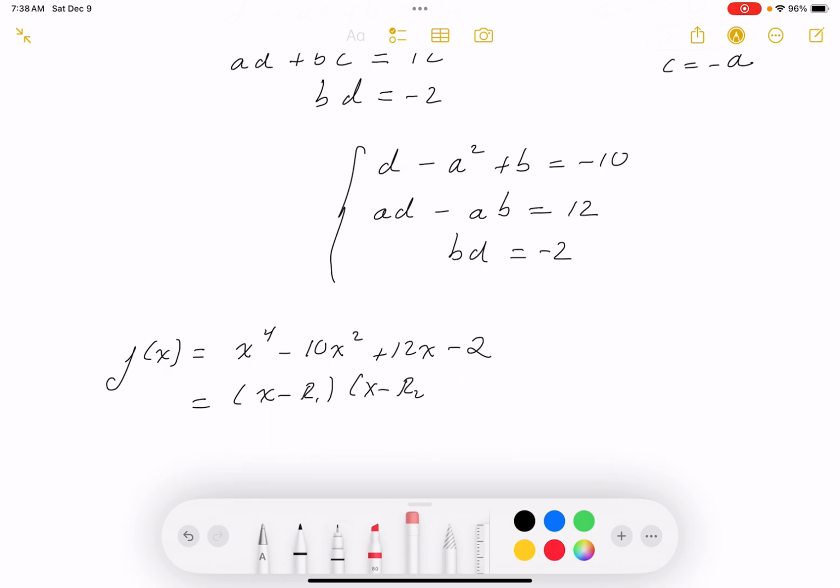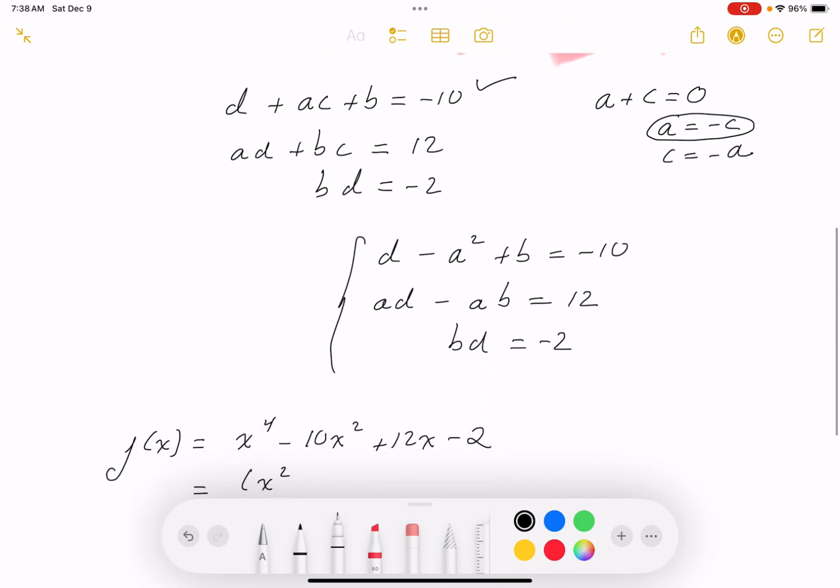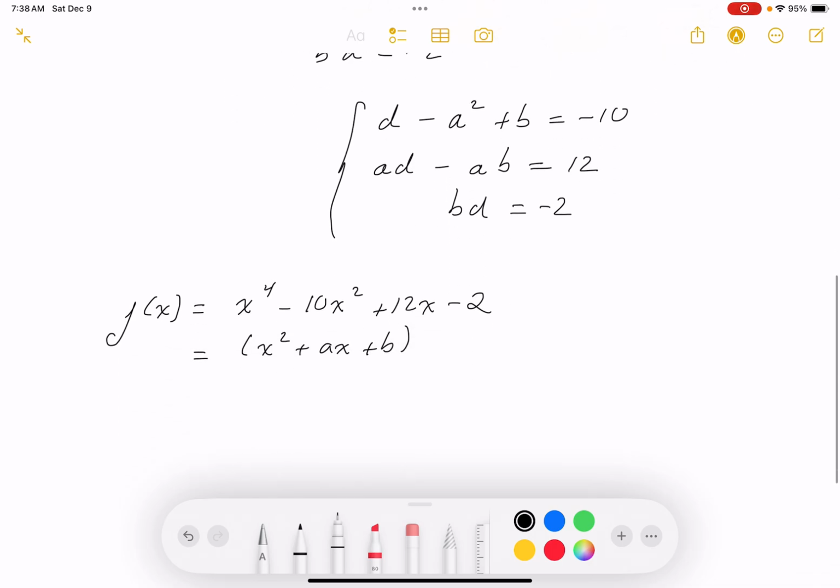You get the idea. I'll just erase this over here, hoping you remember that anyway. And that's going to be equal to x squared plus, I'm going to remind myself, by the way, ax plus b. And then the next thing I got is x squared plus cx plus d.